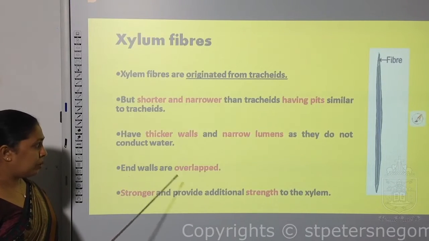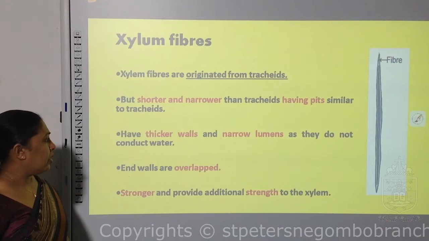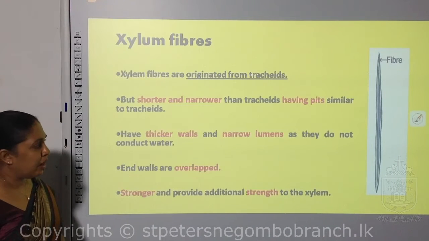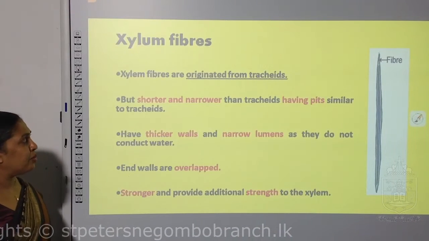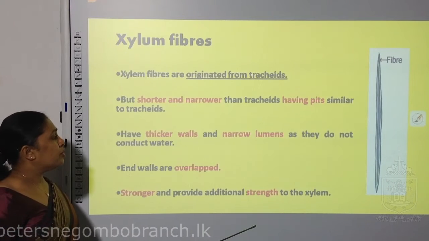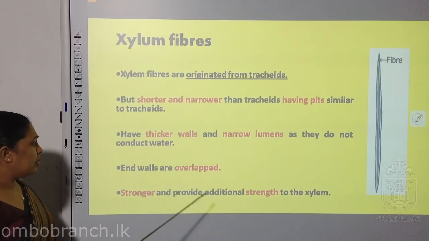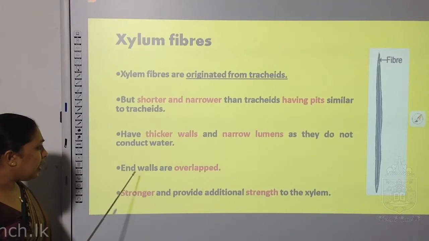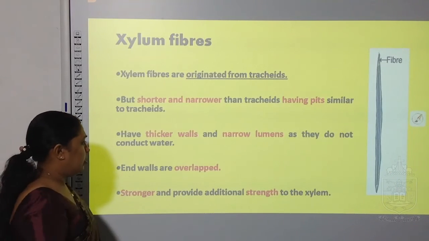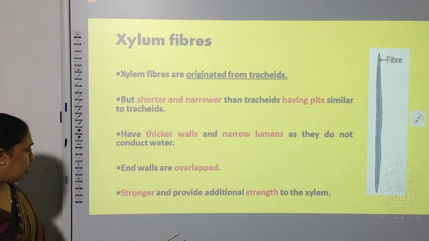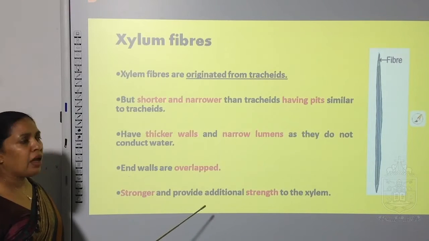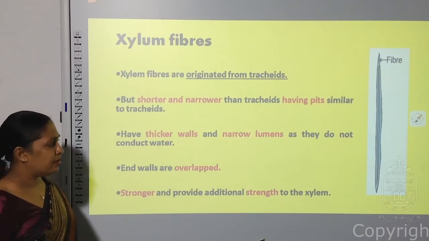They have thicker walls and narrow lumens, but they do not conduct water because they are not specialized for that. In the xylem, there are vessel elements to conduct water. The end walls are overlapped because they exist as groups, and these are stronger and provide strength to the xylem.